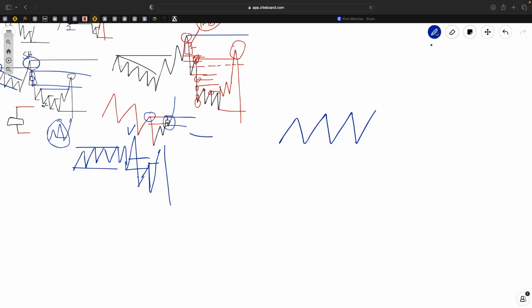Then after consolidation, you have your expansion, which is going to create an inducement. You have this, you have this, boom, boom. Then you have the final expansion. You can see they broke structure first, induced it, then they did the major buy.